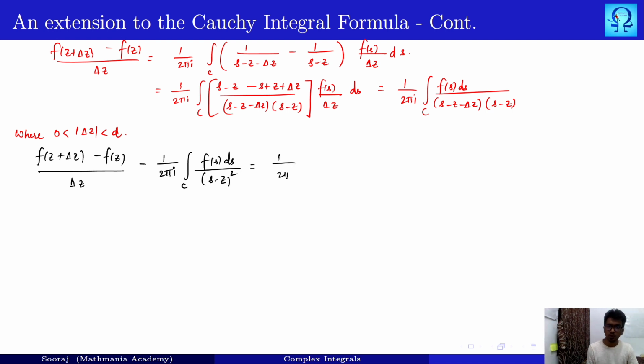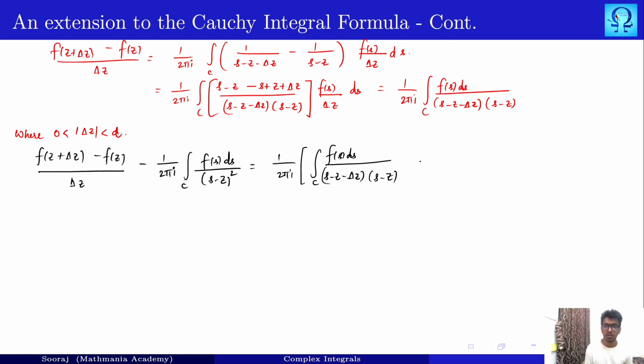So it is 1 upon 2 pi i, I have taken common, and I am just directly writing things here. So this is integral over C f of s ds upon (s minus z minus delta z) multiplied with (s minus z), minus integral over C f of s ds upon (s minus z) whole squared.